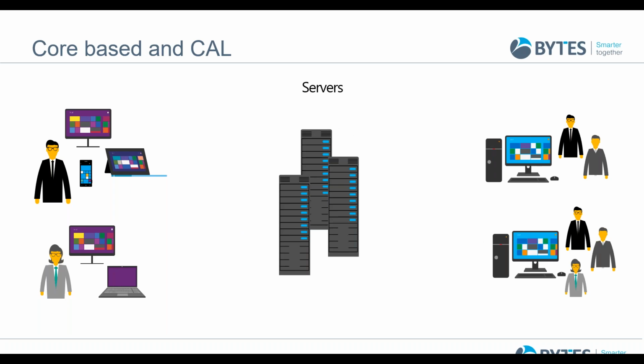So when we are looking at a server, like I mentioned, it's core-based licensing. If we look at this first server, for example, it has one processor with 8 cores. As the minimum is 16 cores per host, we need to license that with 16 cores.